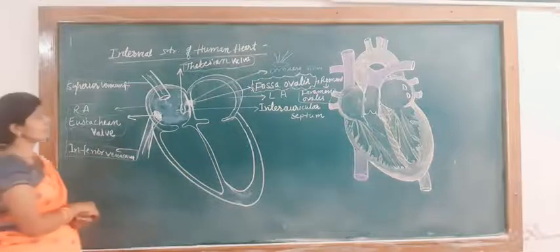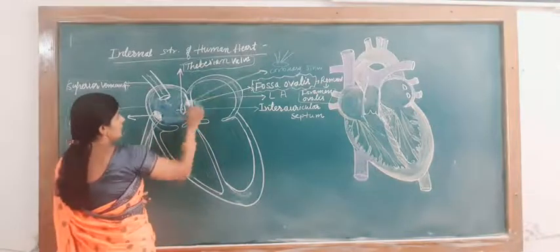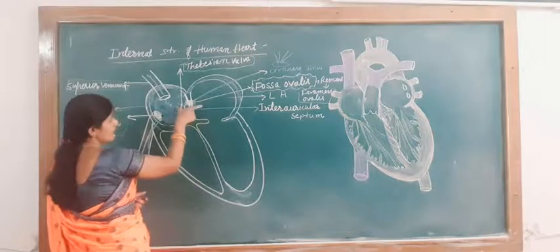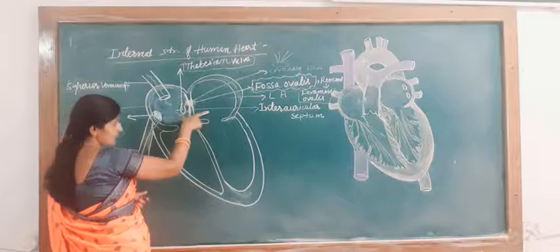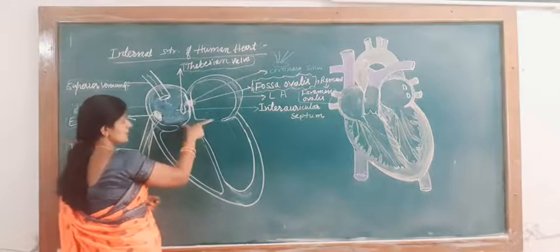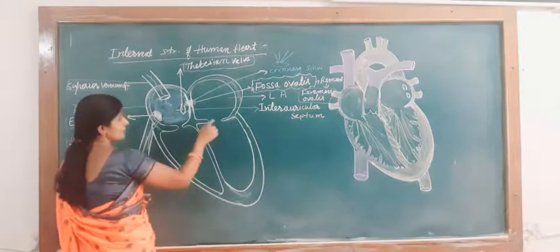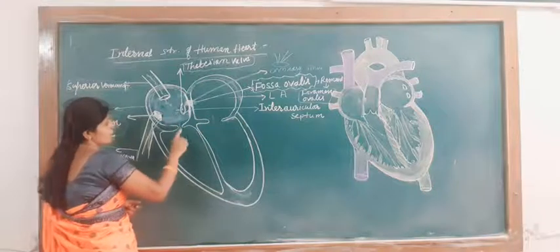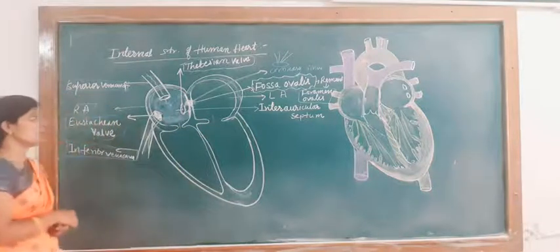Here, when the blood comes into the right atrium and the right atrium contracts, blood goes towards these apertures. Here two apertures are present. Here one hole is there, and here one hole is there. These holes are nothing but the apertures.